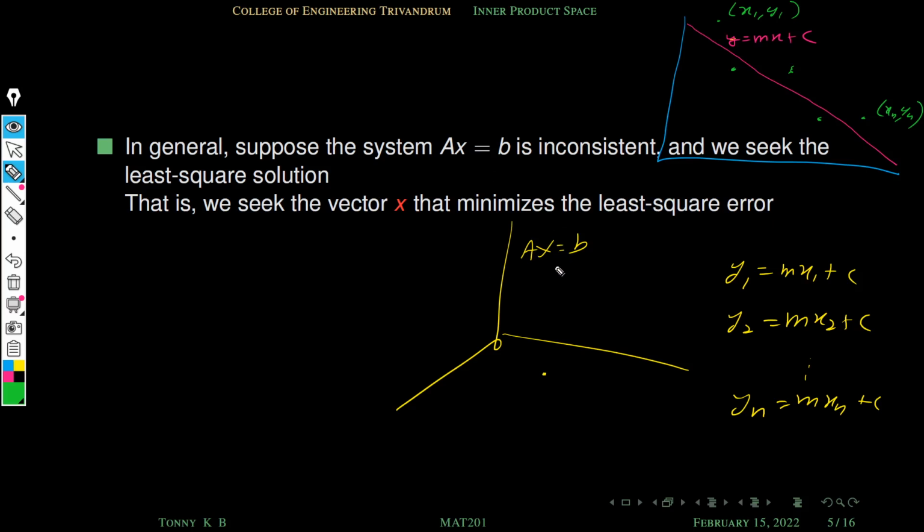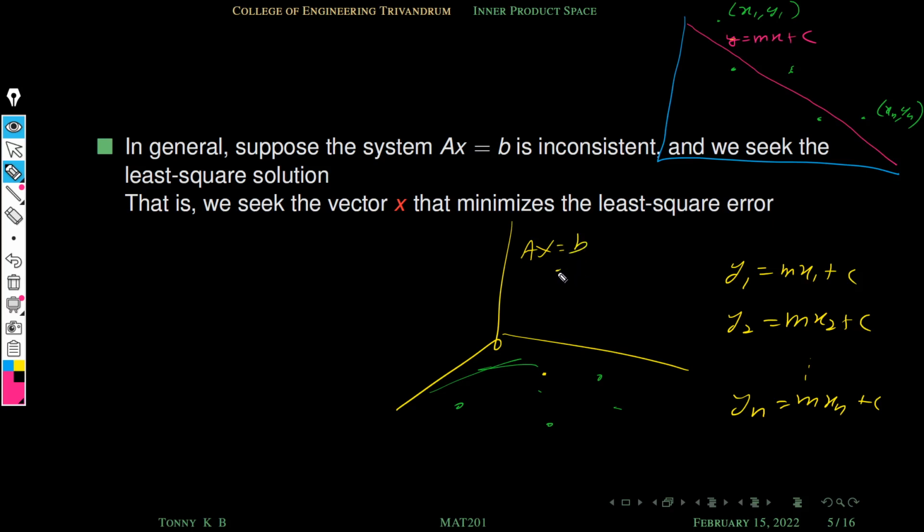Suppose we have a system like this, Ax equals b, and we know that this system is inconsistent. And suppose this is the solution space of the system Ax equals b. Suppose this is a solution, this is a solution, all are solutions of the system. So our aim is to find the best solution of Ax equals b.